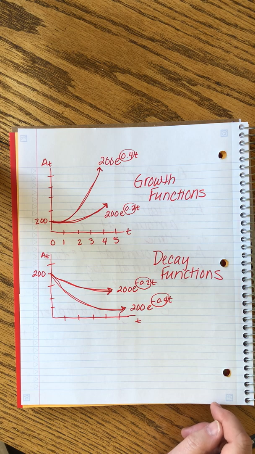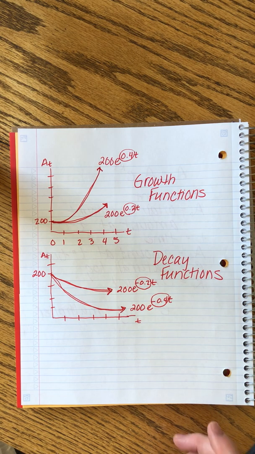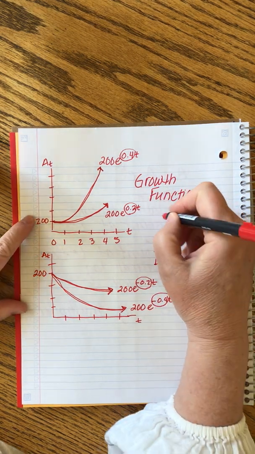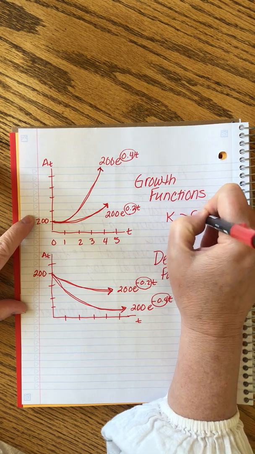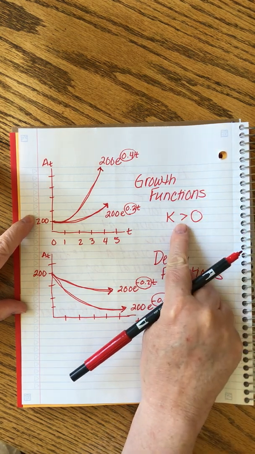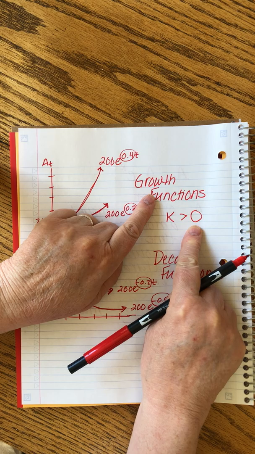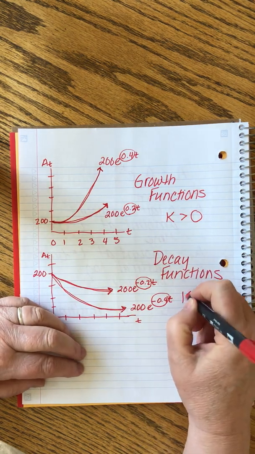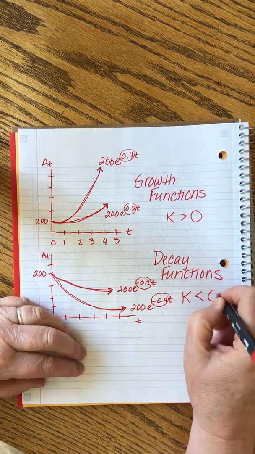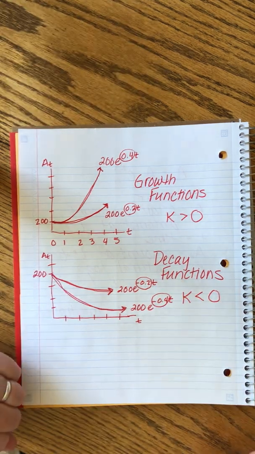Like I said, we will come back. And this is a good thing to know. When the constant in the exponent is greater than 0, you will have a growth function. When the constant in the exponent is less than 0, you will have a decay function.